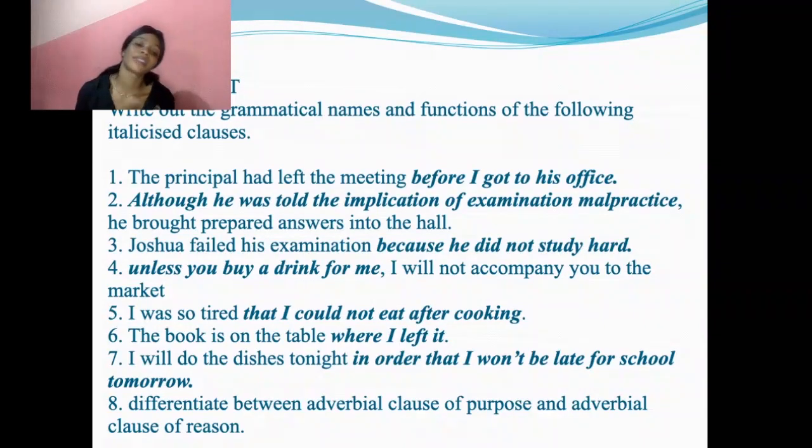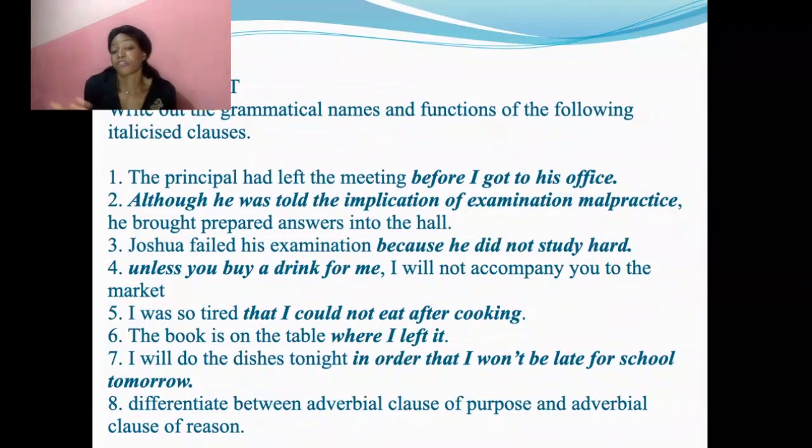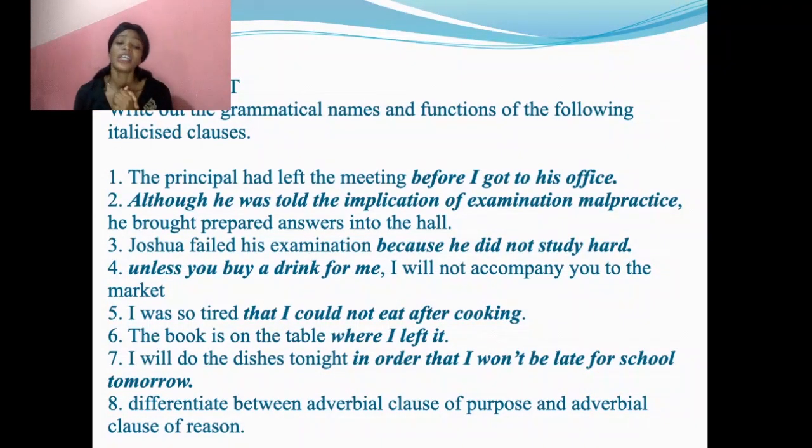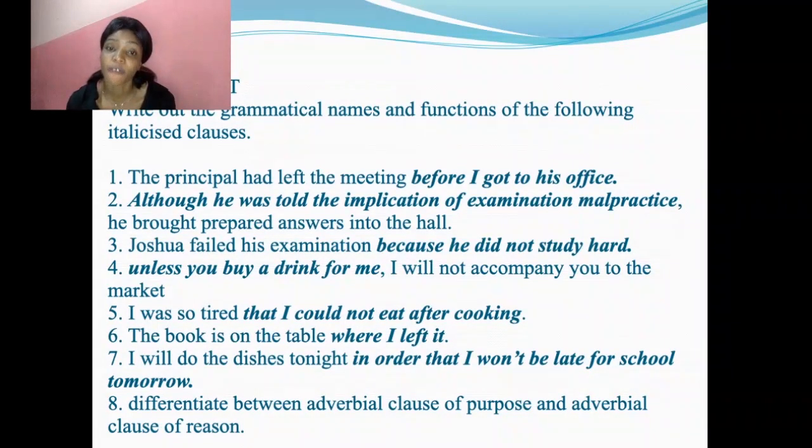So you should be able to tell me the grammatical name, adverbial clause of place, adverbial clause of manner. That's what I mean by the grammatical name. And the function. Is it functioning as the modifier of the verb, modifier of the adjective, and so on. Now, number 8 says differentiate between adverbial clause of purpose and adverbial clause of reason. So, I would be waiting for your assignment, and the assignment will be due on Wednesday, 12 noon.